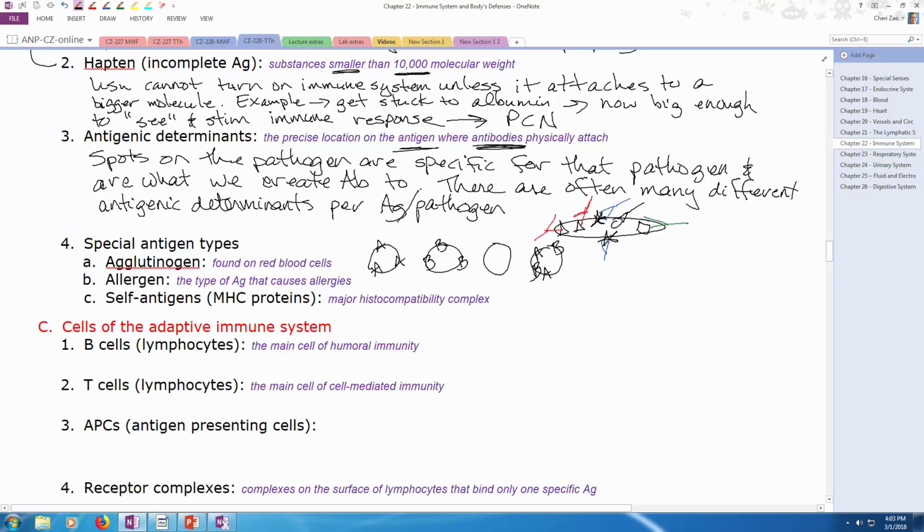These are self-antigens, and M for major, H for histocompatibility, C for complex. So we're going to discuss these MHCs in just a moment, but these MHCs give you what's called a cellular fingerprint.